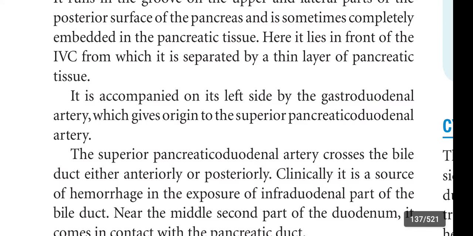It is accompanied on its left side by the gastroduodenal artery, which gives origin to the superior pancreaticoduodenal artery.